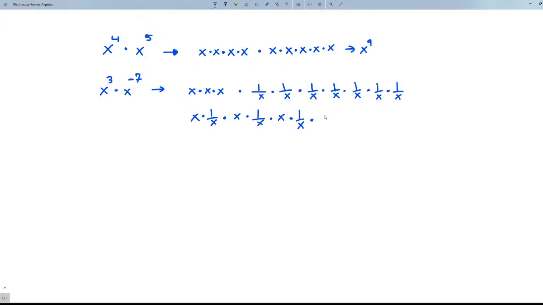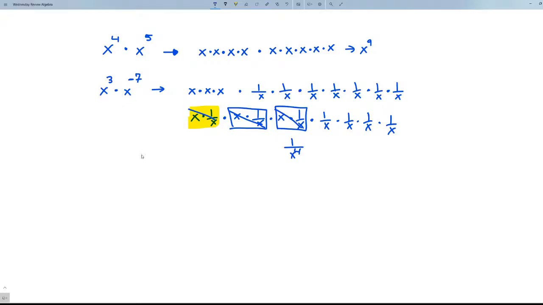Now, the reason I did this is so that you can see what's occurring: we're using the multiplicative inverse. Using that property, we can see that x times its reciprocal will be 1. So it's going to cancel to be 1. Same thing happens here. This is going to cancel to 1, and this will cancel to 1. So I'm now left with 1 over x to the 4th.